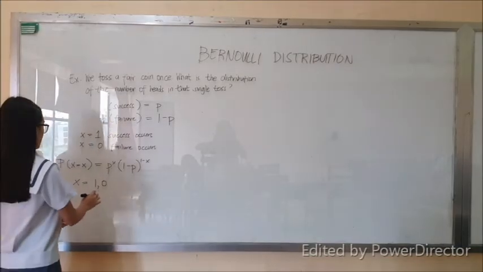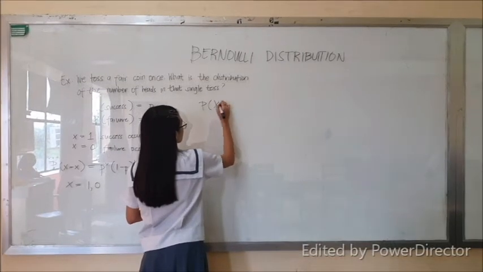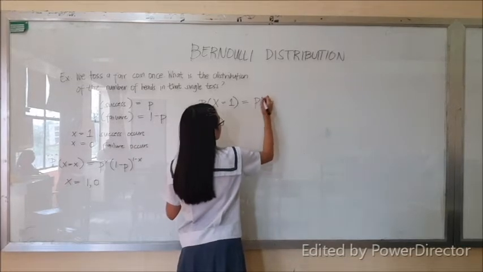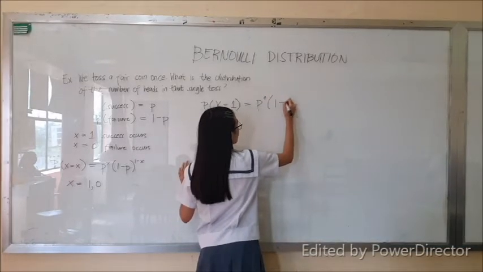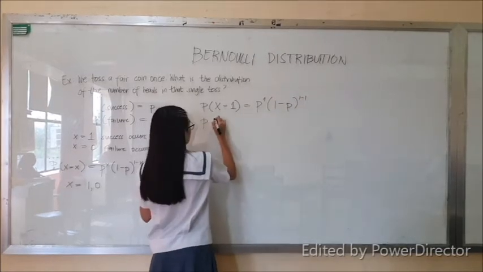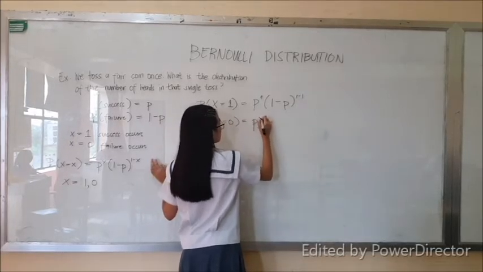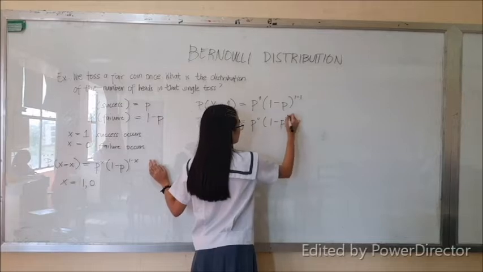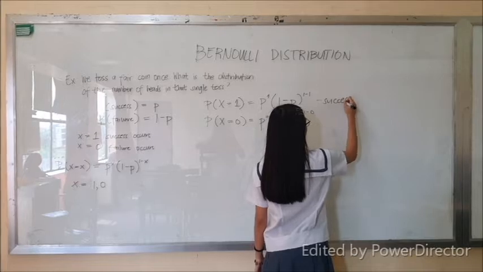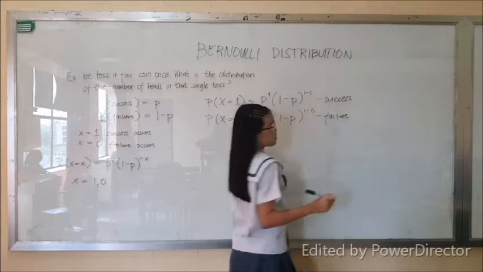If we were to write this for individual values, the probability of x equals 1 is p, and the probability of x equals 0 is 1 minus p. This is the probability of success and the probability of failure that we talked about earlier.